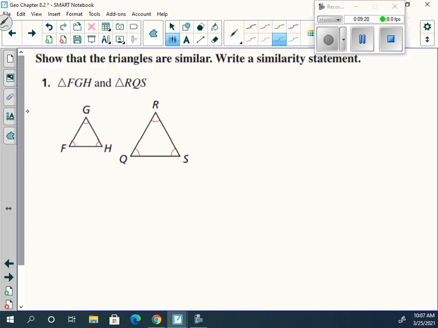All right, let's look at these two here. Are these two similar? Okay. So give me two sets of congruent angles. Angle F is congruent to angle R, and this.